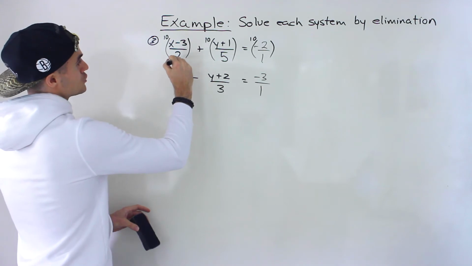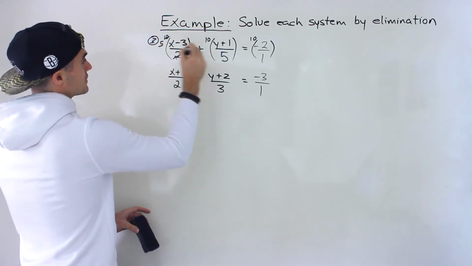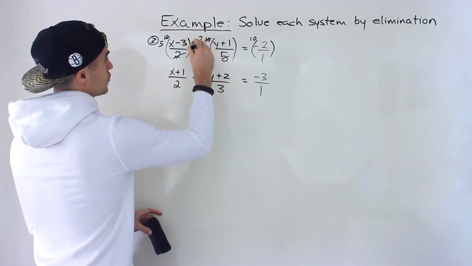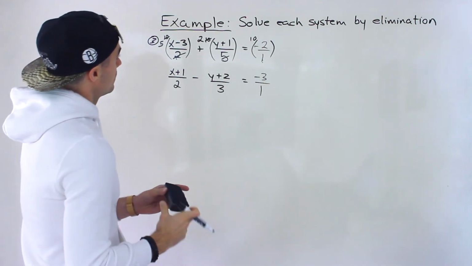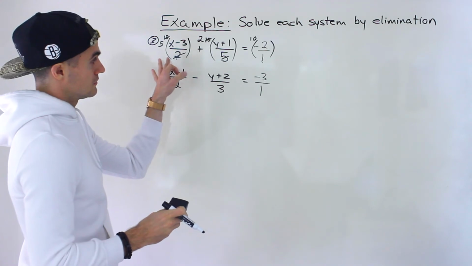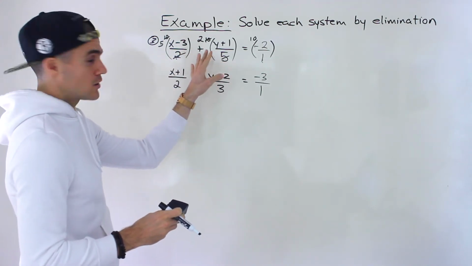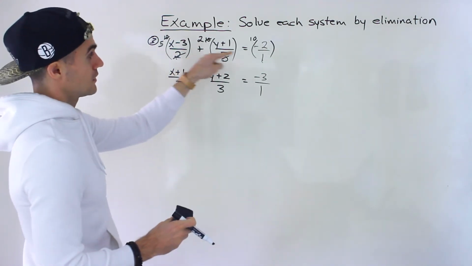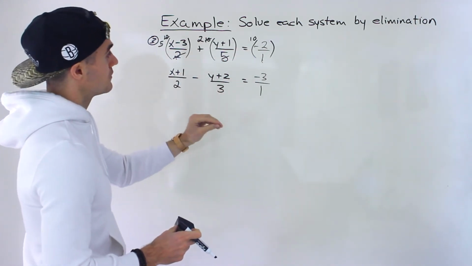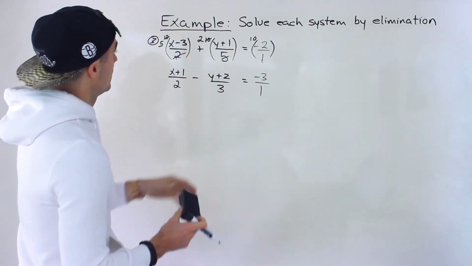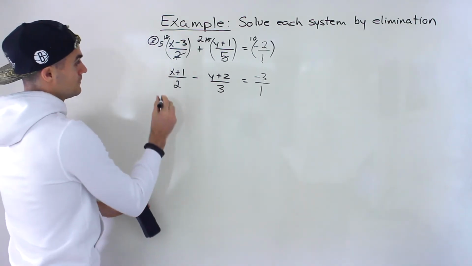So from here, 2 goes into 10 5 times, 5 goes into 10 twice, and then 1 goes into 10 just 10 times, right? If you get the right common denominator that you're multiplying, there should be no denominators left, right? The reason why we're multiplying by the lowest common denominator is to get rid of the denominators, to get rid of the fractions. But you got to be careful here.